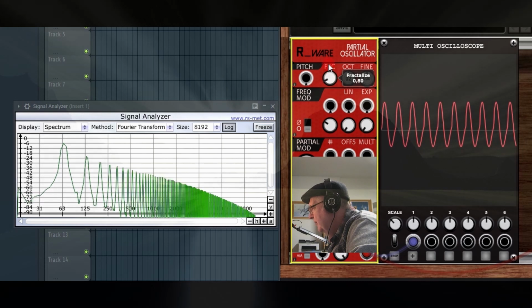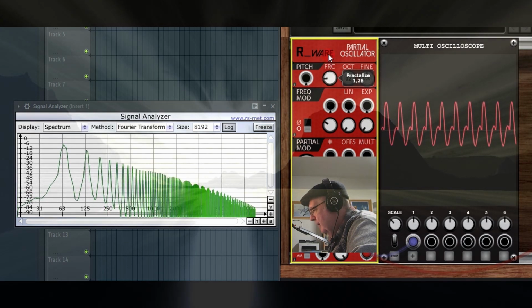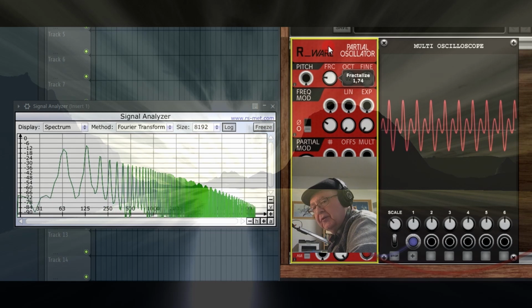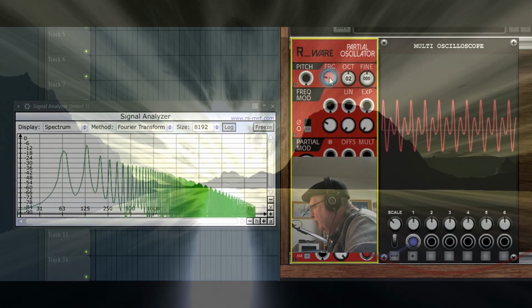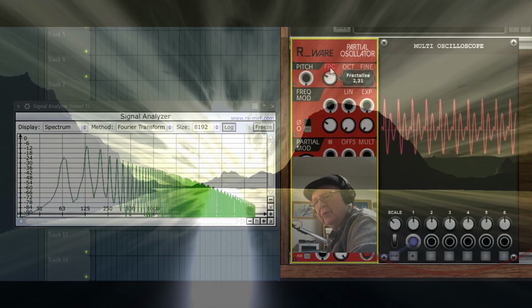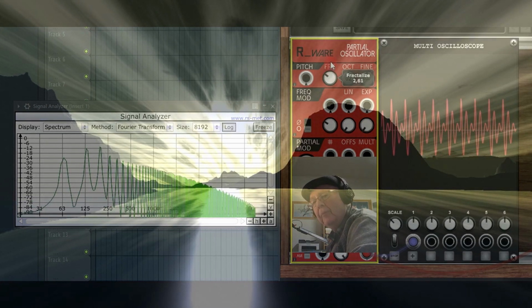And you see, like in those fractal graphics, that the wave shape generates more and more smaller and smaller copies of itself.